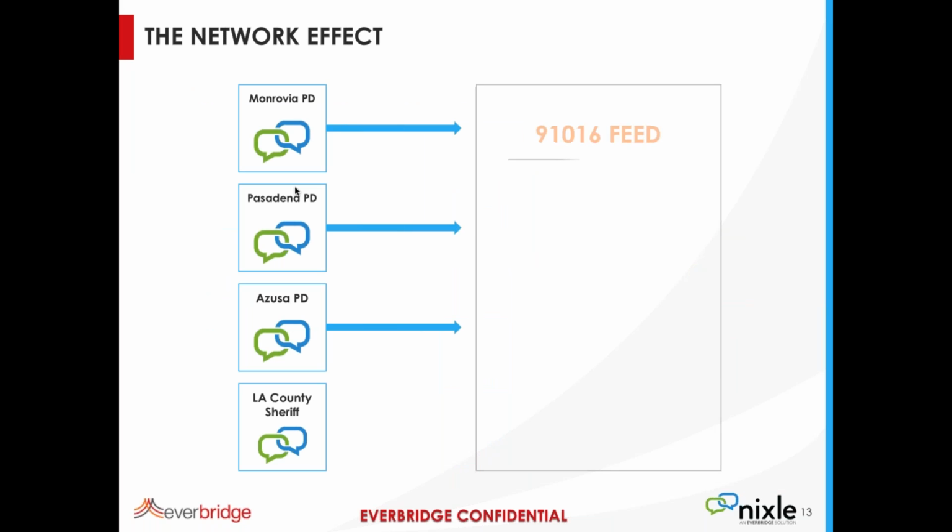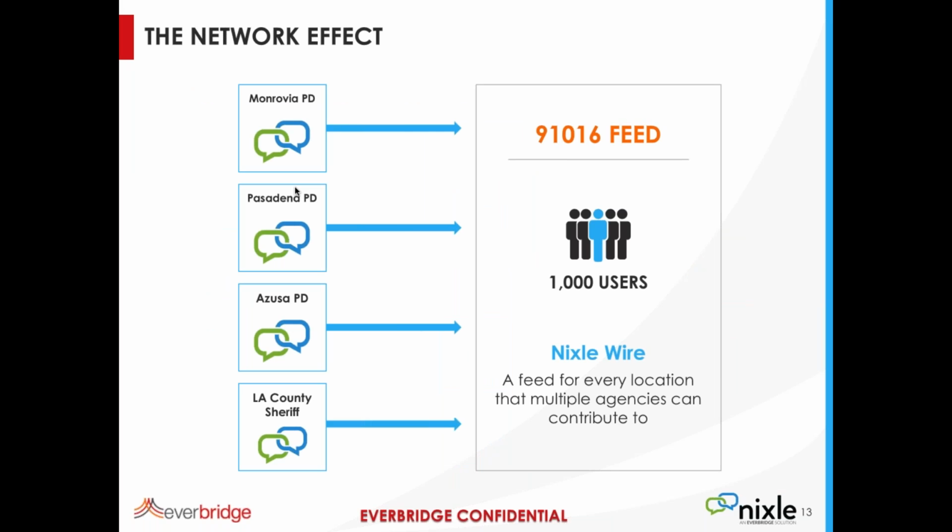Now, from an agency's perspective, I think it's an equally powerful concept. So you can imagine, let's say that in 91016, let's say 1,000 users have opted in. They have sent that zip code to 888-777, right? So they've opted into this zip code. And we call this concept the Nixle Wire, right?